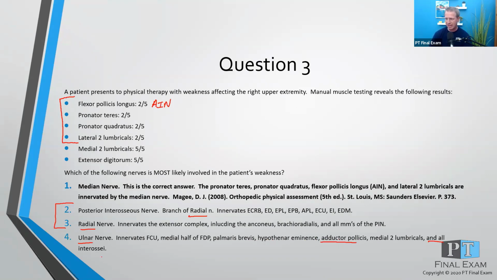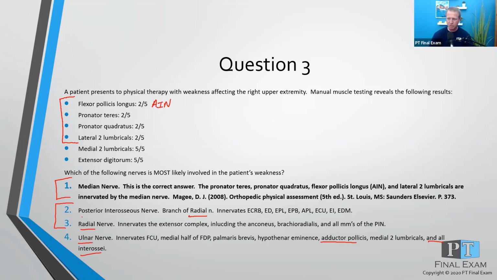It also innervates all of the interossei. So median nerve is the most correct answer here. These ones are so tough because if you don't know that the median nerve innervates those, it makes it really, really hard to just guess it.